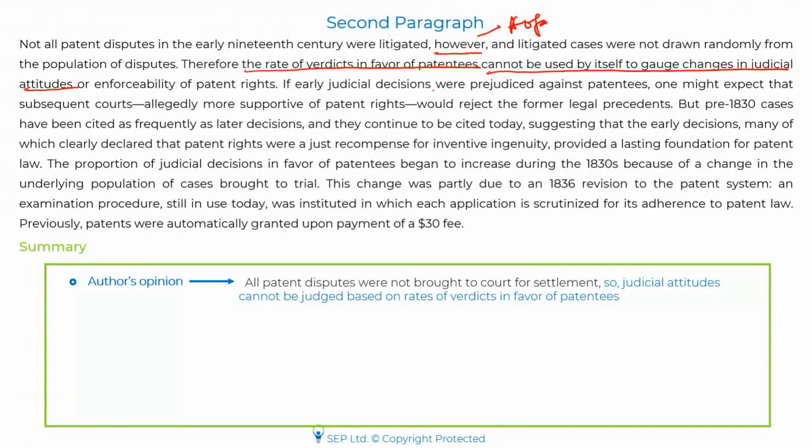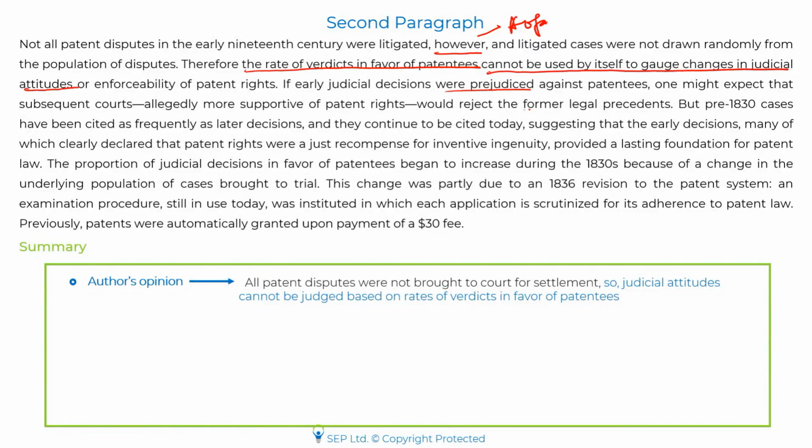If early judicial decisions were prejudiced, so remember, it was the scholars who were saying that early judicial decisions were anti-patent. All right, the judges were giving random reasons for invalidating the patents. So the author here is kind of trying to cross that out and saying that if early judicial decisions were biased, one might expect that subsequent courts, that means the later courts, would reject the former legal precedents. Precedents, if you don't know the meaning, don't worry.